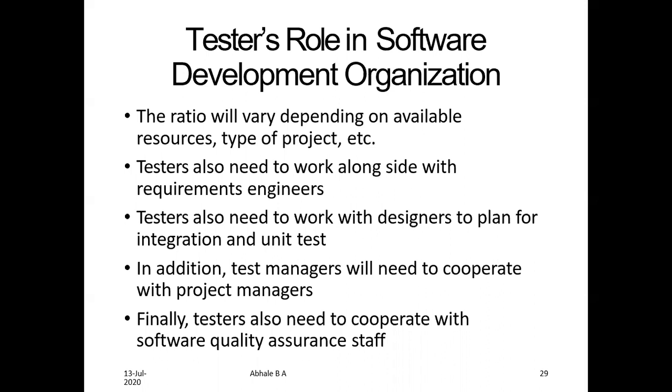These are developed by the designer. When the diagram is wrong on the designer's side, the development will be wrong. For that purpose, the tester should work with the designer also. We should find whether the design is correct or not.